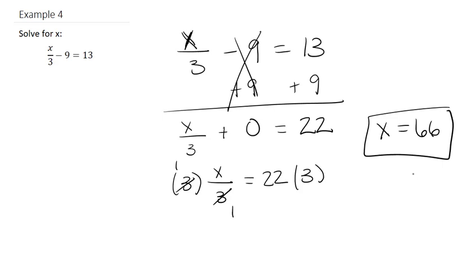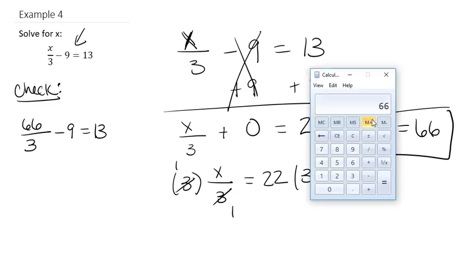Now, if you're not sure if you did this right, the best way to check your answers is to go back and plug in this x equals 66 into our equation. So we have 66 over 3 minus 9 equals 13. And so we need to get 13 on the left-hand side for this to be correct.